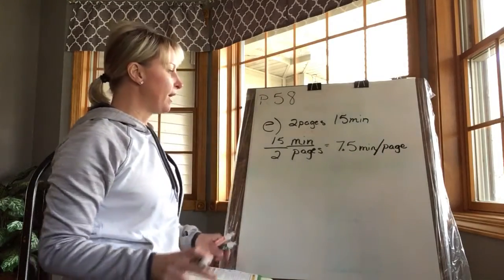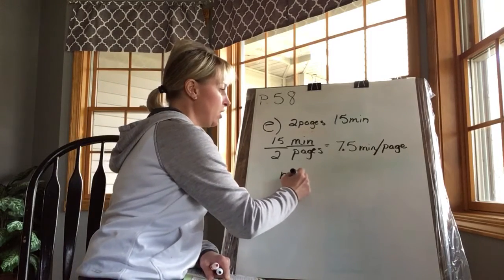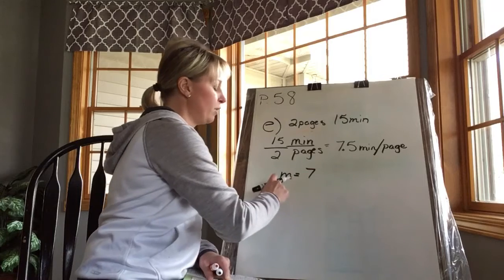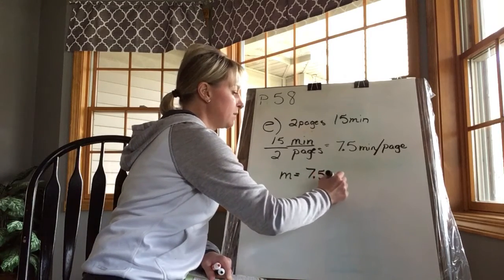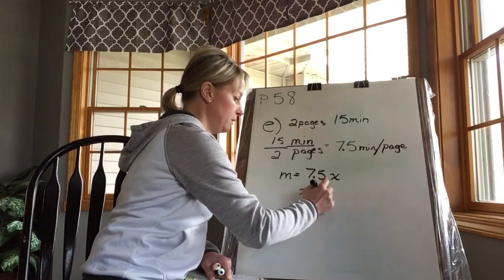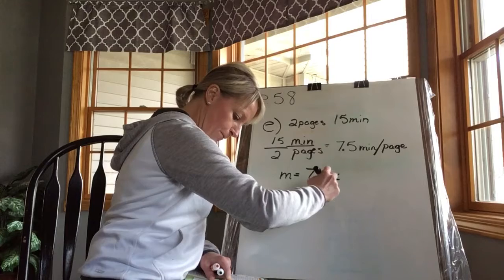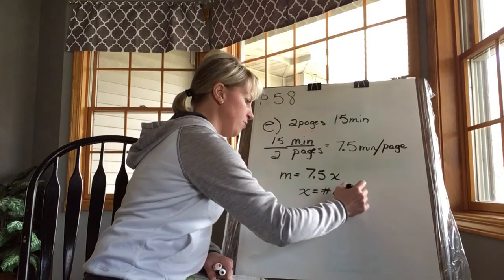So then if I need to write an equation, my equation would be the number of minutes equals 7.5 times x, where x equals the number of pages.